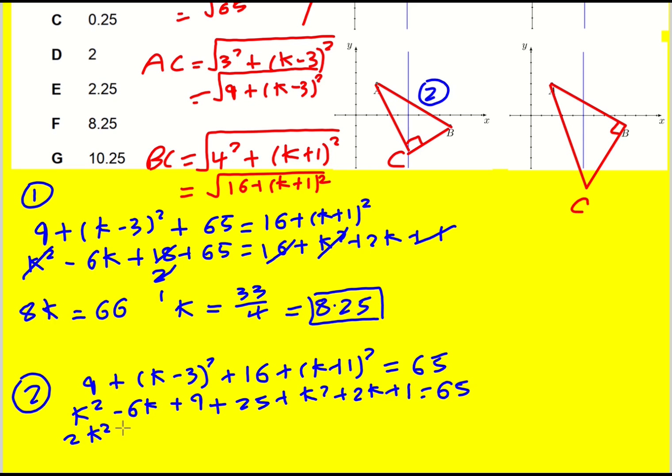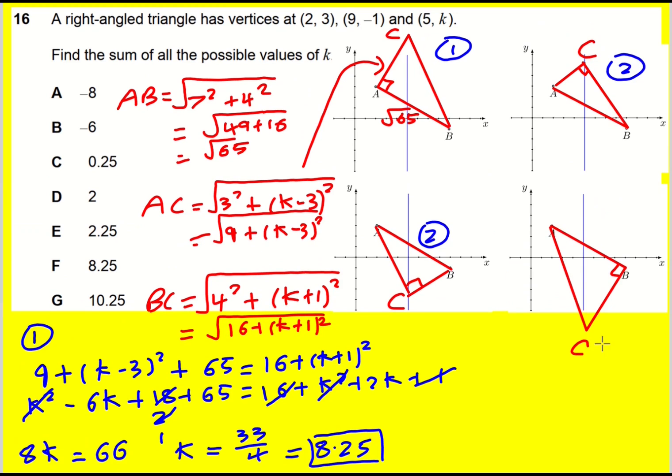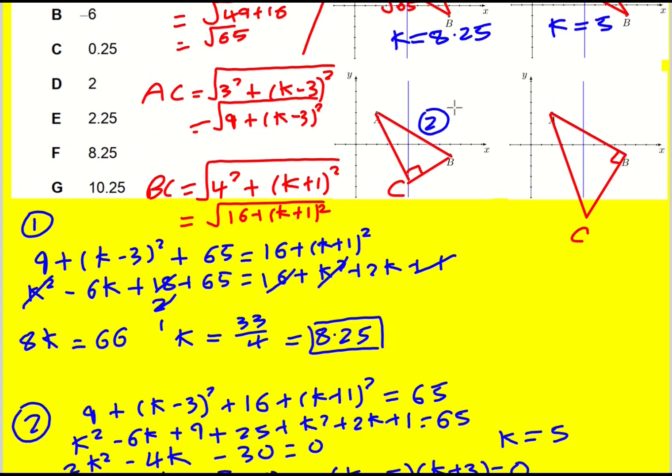That's 2k squared minus 4k plus 35, but then I'm minusing 65, so I'm going to get minus 30 equals 0. Divide by 2. That's k minus 5, k plus 3 equals 0. So k will equal 5, that's this one up here, or k will equal minus 3.